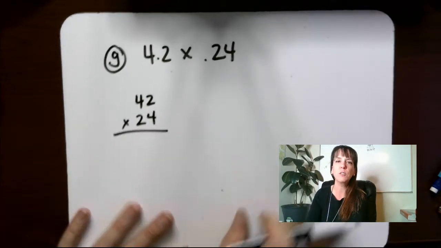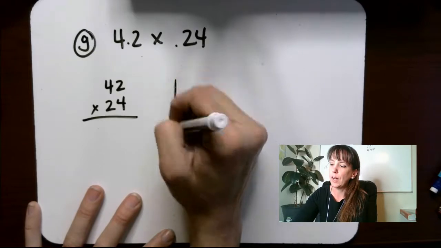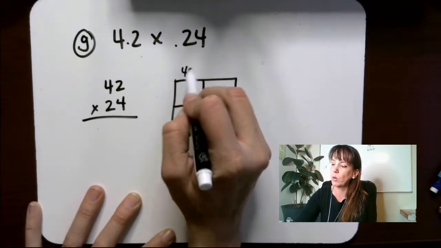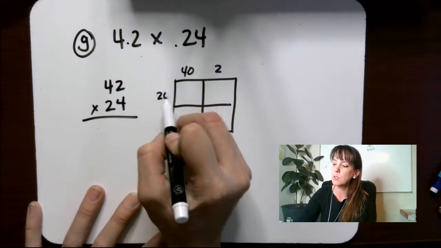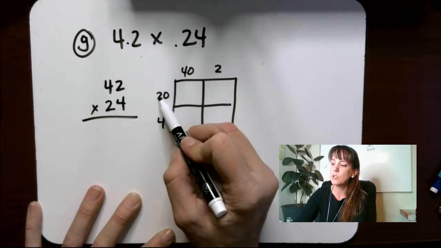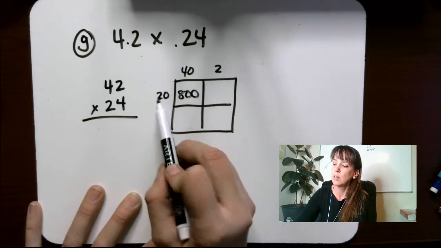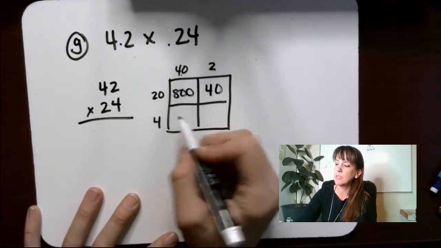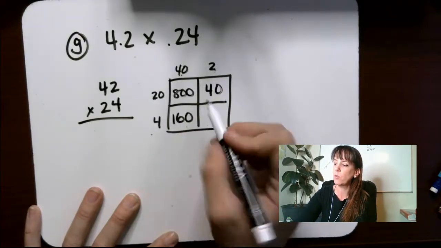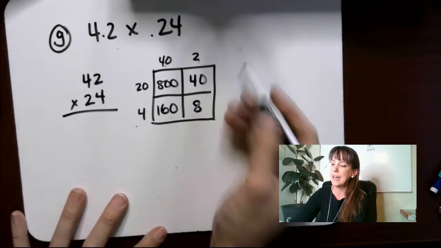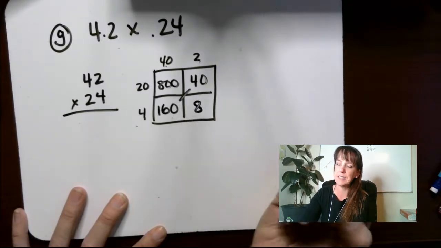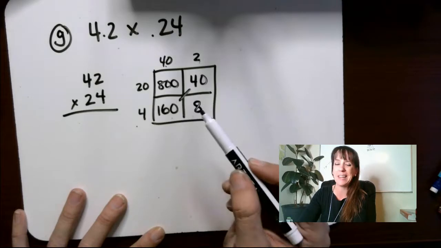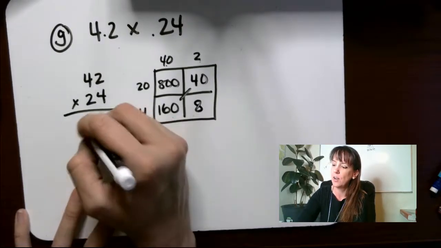Personally, I lose track if I do it this method, so I do the box method of multiplying, which means 42 is the same as 40 plus 2. 24 is the same as 20 plus 4. 2 times 4 is 8 with 2 zeros. 2 times 2 is 4 with a 0. 4 times 4 is 16 with a 0. 2 times 4 is 8. All right, now we can mentally add all these up because these two guys add up to 100, or 200, right? 800 plus 200 is 1,000 plus 8.